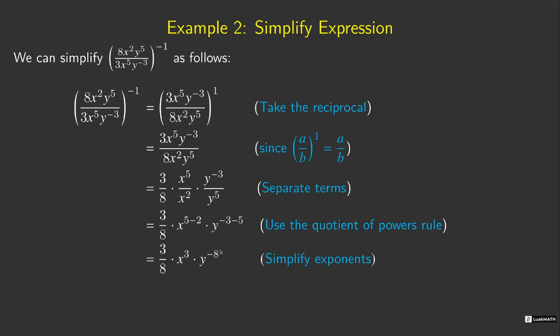This is essentially the final answer, but I would like to take another step as well, and that is just to convert this negative exponent to a positive one, and that is using the reciprocal rule. So I take the y raised to 8 downstairs, and by doing so I lose the minus sign here.